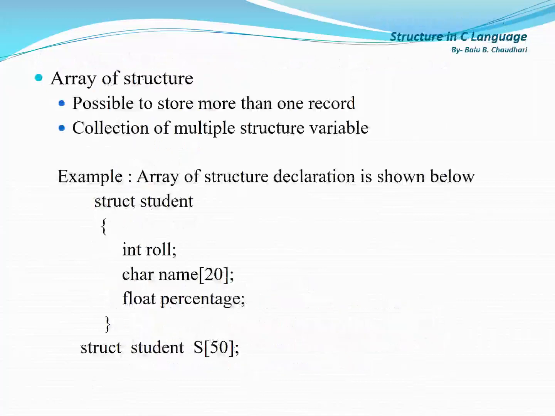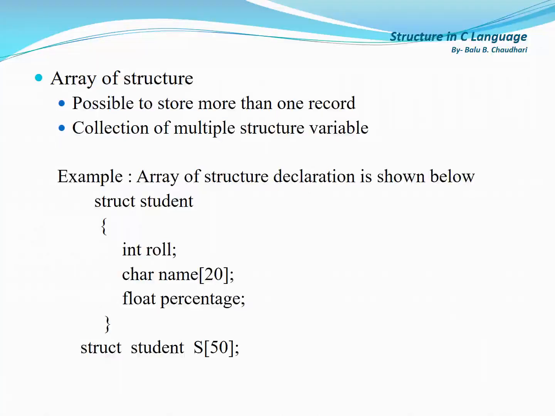Now, what is an array of structures? Structures may be arranged so that it is possible to store more than one record. An array of structures can be defined as a collection of multiple structure variables where each variable contains the information about multiple entities of different data types.